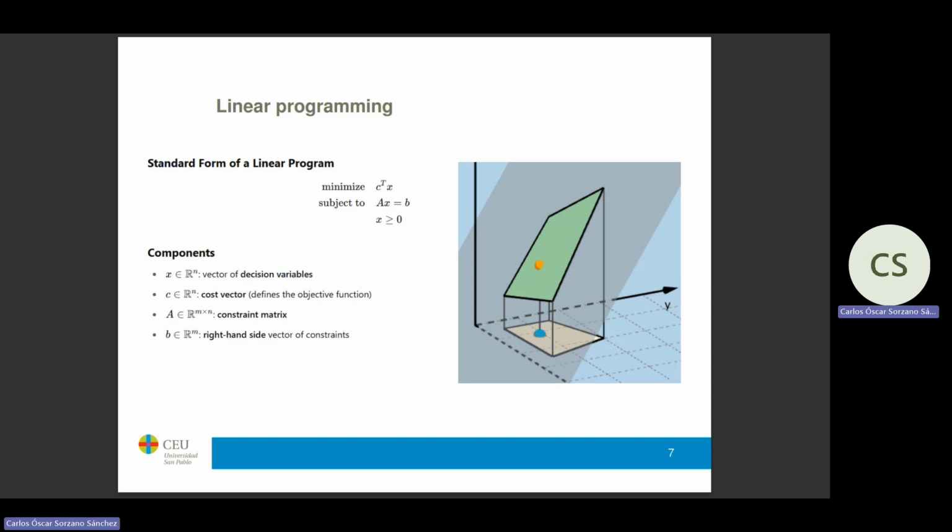One of the characteristics of linear programming is that the solution is always on one of the borders of this hyperplane intersected with this kind of cube of the feasible region. So it must be in one of the corners of the feasible region. Okay, good.